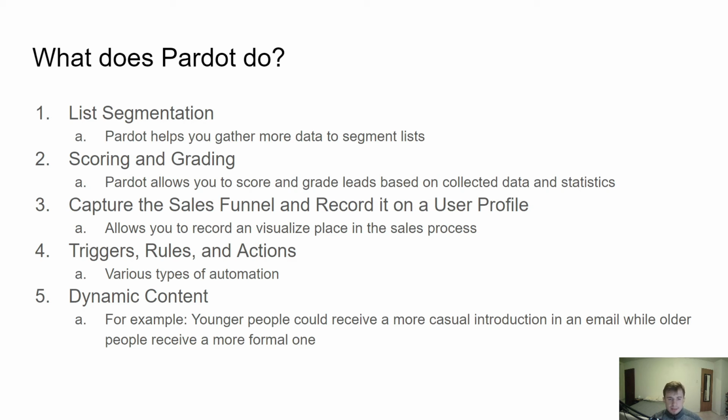Then dynamic content in the emails that it's sending. So Pardot can take the data that it knows about a lead or customer, and say, look, this customer is 67 years old, and this email template has been enabled for dynamic content, and the introduction should be optimized for a 67-year-old.